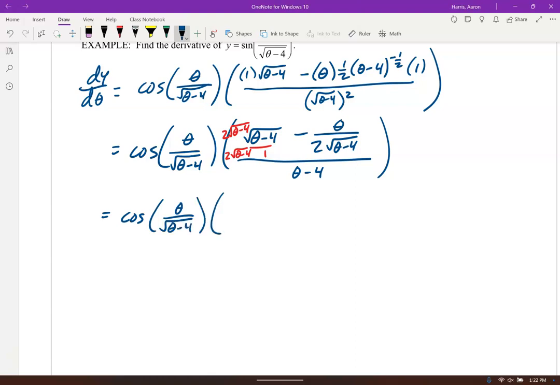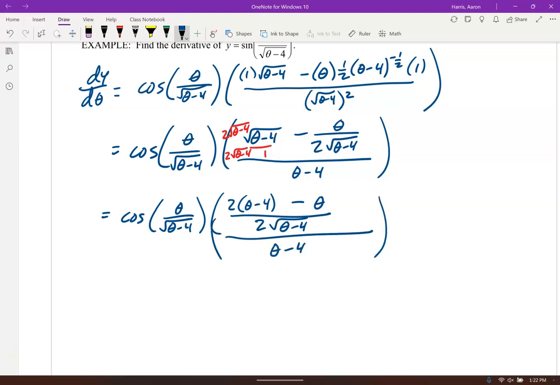And so I have 2 times, now square root of theta minus 4 times square root of theta minus 4 will undo the radical. These are all over that common denominator. And then this is all over theta minus 4, right? And of course, when you're dividing 1/2 by 1/3, I'm going to multiply by the reciprocal. So that's what I'm going to do here. Right now this is theta minus 4 all over 1. So I'm going to go ahead and multiply by 1 over theta minus 4 to get rid of that.